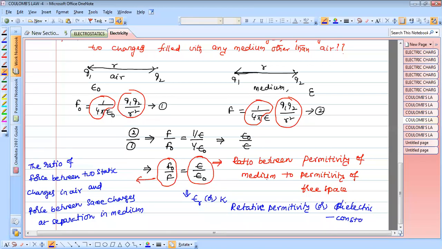How is it defined? In terms of permittivity, it is the ratio between the permittivity of the medium and the permittivity of free space. In terms of forces, it is the ratio of the force between two static charges in air and the force between the same charges at the same separation in the medium. It gives us the relative permittivity or dielectric constant of that medium.